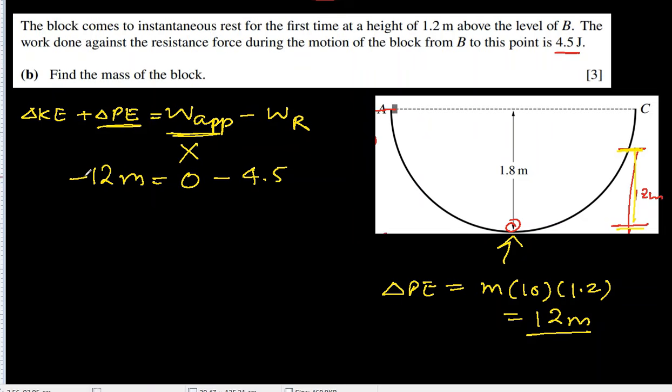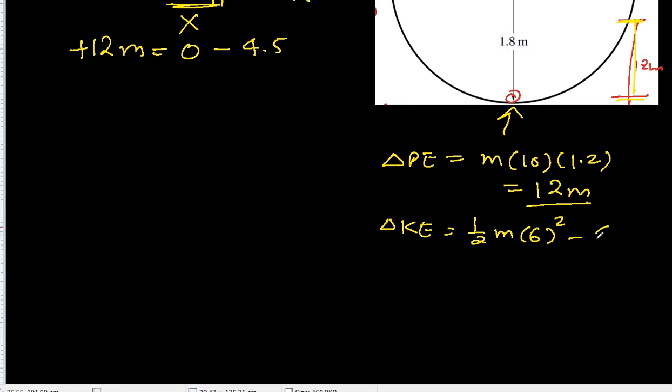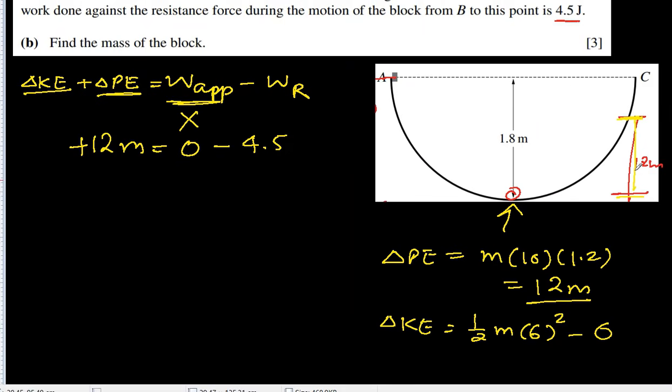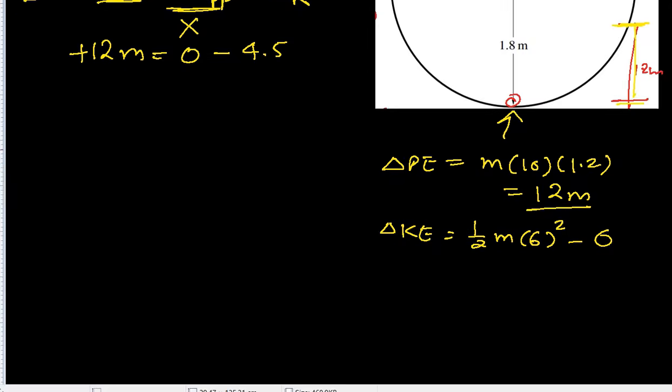Why? Because potential energy is gained, but kinetic energy is lost. So delta KE, it was half m v square. We got v earlier equal to 6 in part A, minus 0. Why? Because it stopped at this particular position, so velocity is 0. That's why kinetic energy is 0.